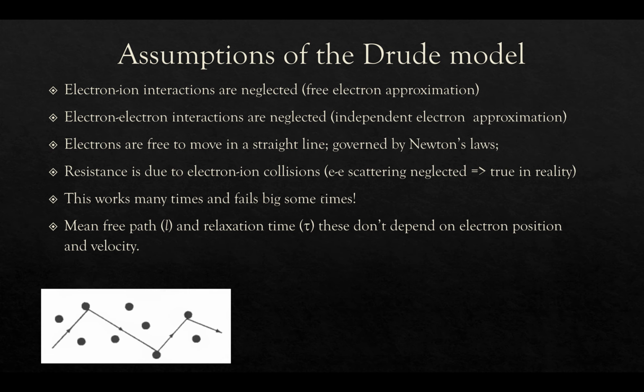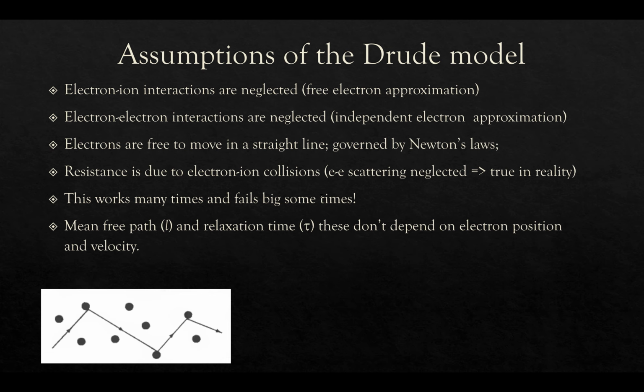Then there is something called the independent electron approximation. This means that one electron does not interact with another electron. Whether it is conduction electron or valence electron, one electron does not interact with another electron. That's called the independent electron approximation. What this means is that I can simply study one conduction electron in a solid, in a metal, and assume that the whole metal will behave like that.